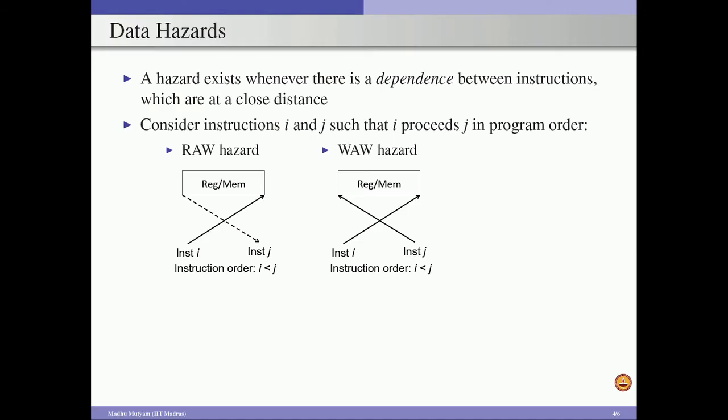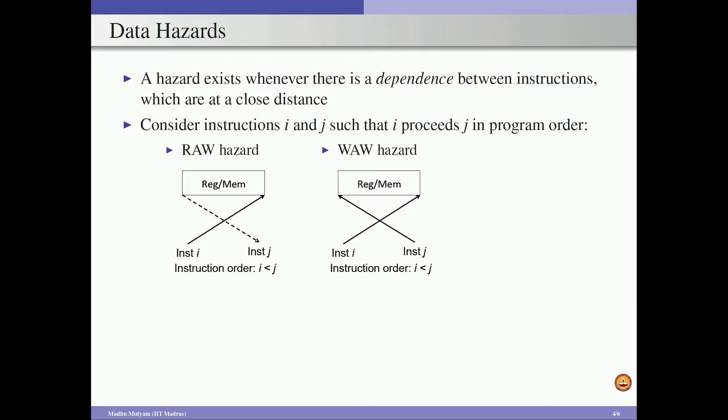So, in that case, there is a write after write hazard. According to the program, a register at the end of these two operations should contain the value written by instruction j, but if you are executing instruction j before instruction I, we are going to have the value written by instruction I in the register, and that is going to create a write after write hazard.